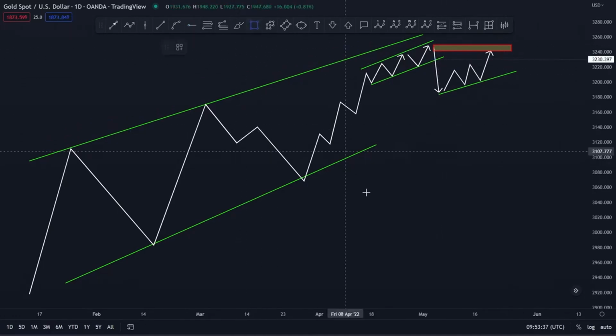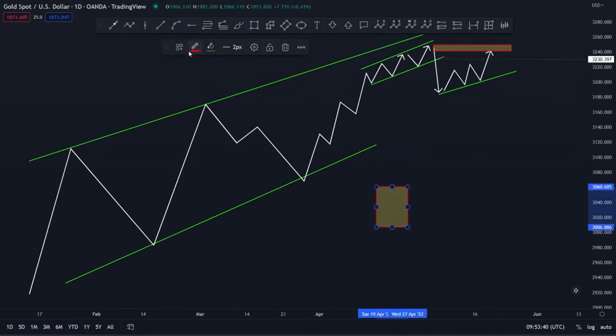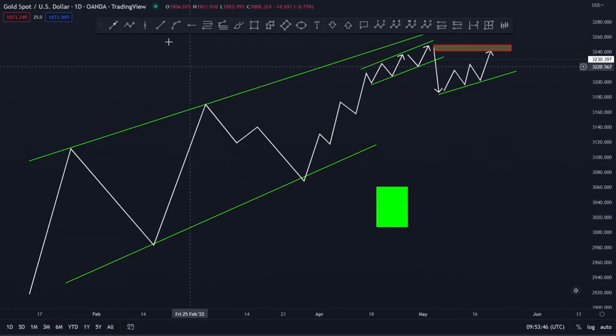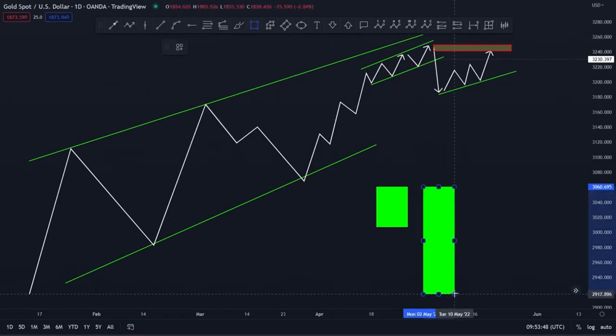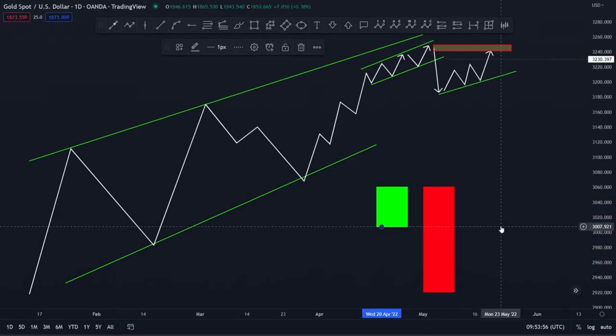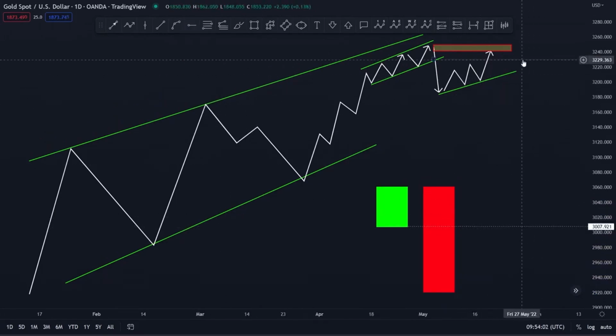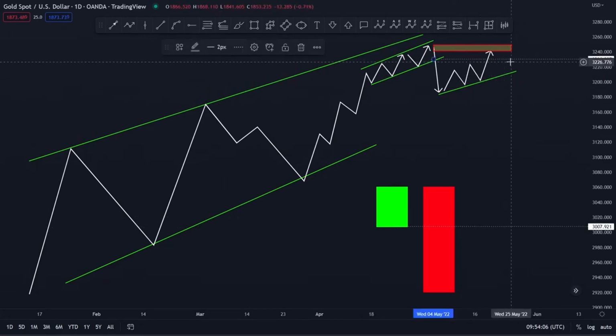What I mean is that, let me do it again so that everything can be clear. We have a bullish candle here, and then we have a bearish candle over here. So in this case, the market has to touch this line here, and this line will be this one, this line here.